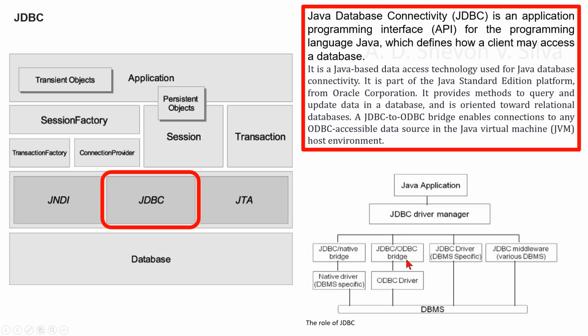Here the JDBC-ODBC bridge interacts with the ODBC driver, and the ODBC driver interacts with the DBMS. The JDBC driver, DBMS specific, interacts with the DBMS. JDBC middleware, for various DBMS, interacts with the DBMS.